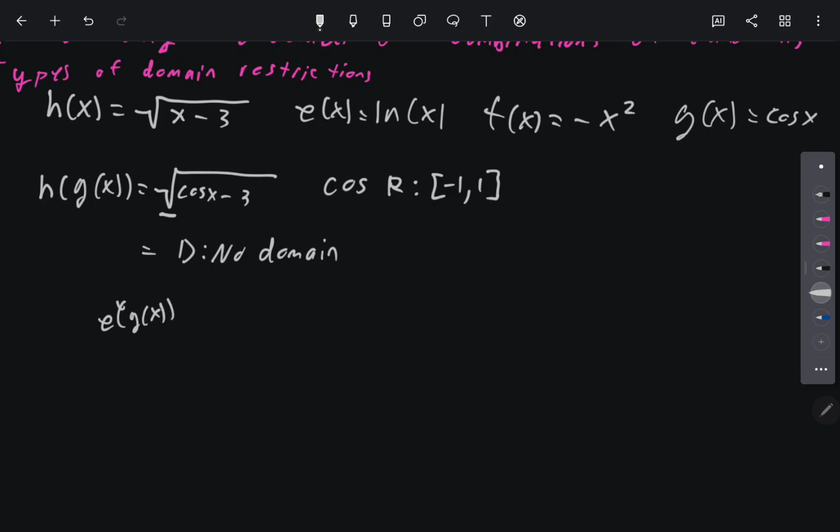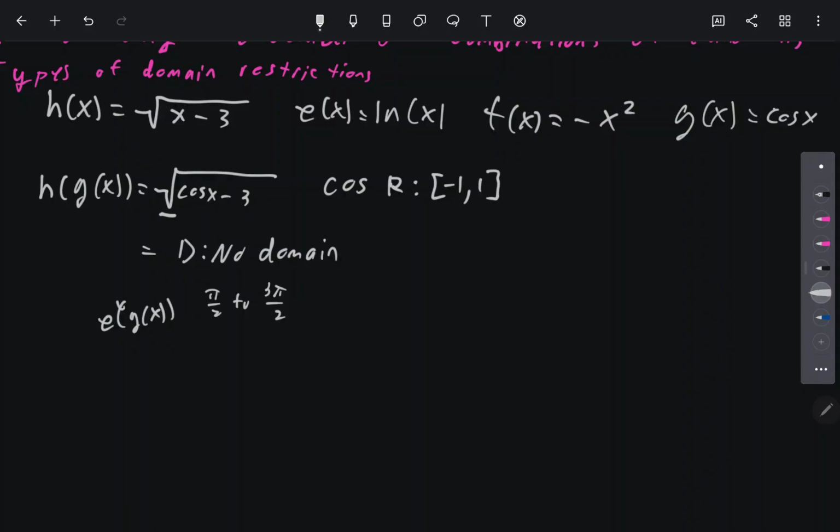In this case, cosine of x is going to be negative for values from pi over 2 to 3 pi over 2.